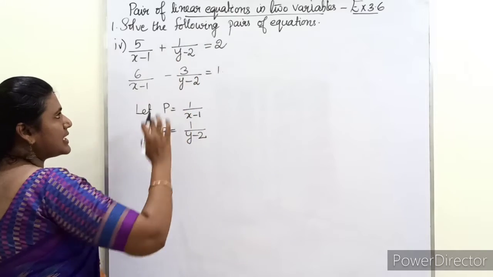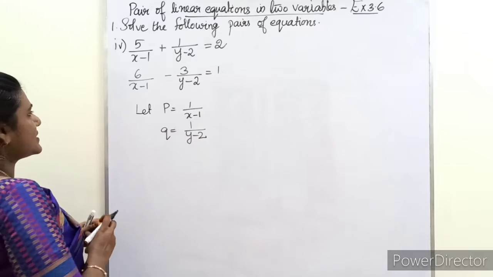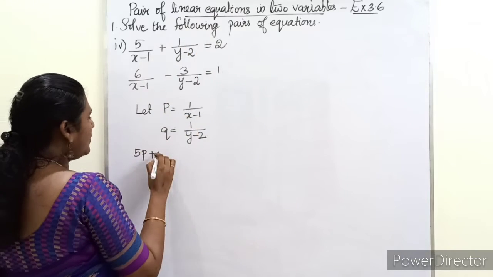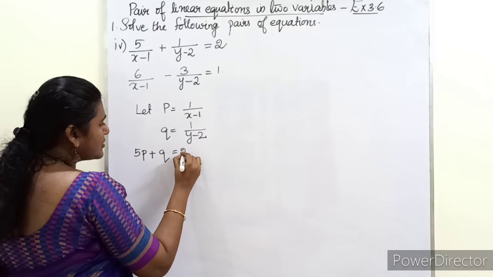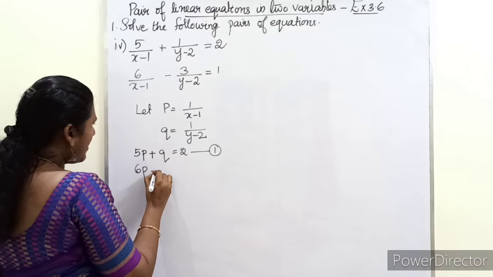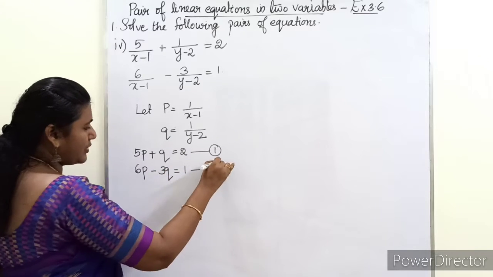So the given equations reduce to 5p plus q is equal to 2. This is the first equation, and 6p minus 3q is equal to 1. This is the second equation.